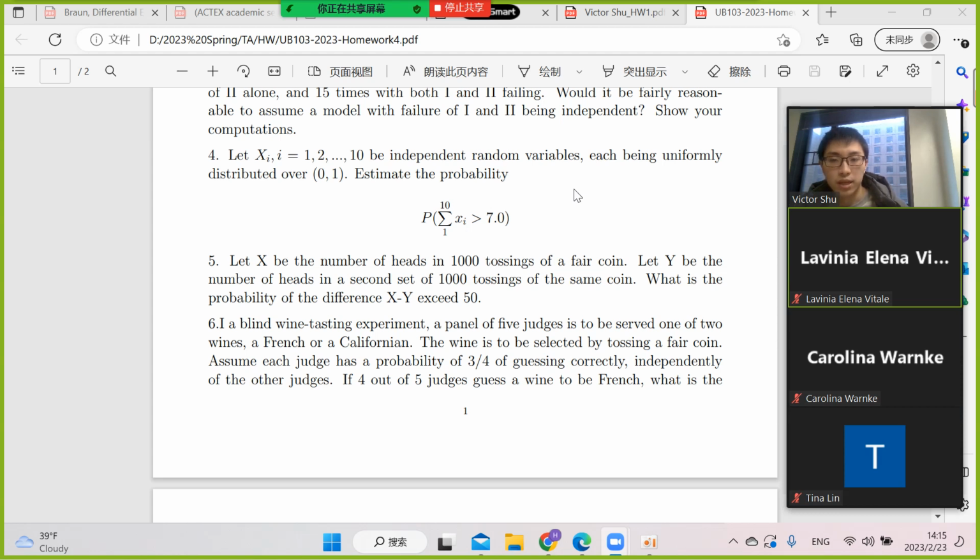But here, x and y are independent of each other. Like I first chose 1,000 coins and I have my x variable. And then I chose that one coin 1,000 times. The result of the second 1,000 chosen is independent from the history, from what happens when I chose the first 1,000 times.